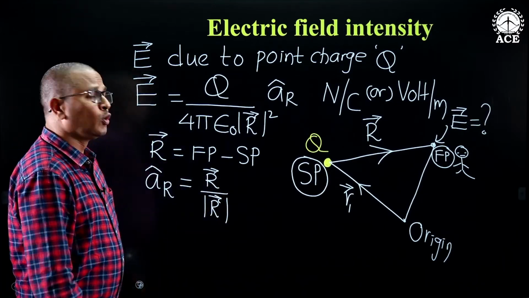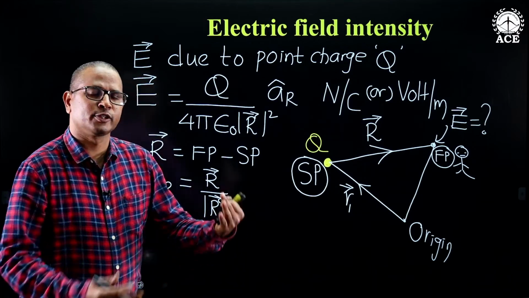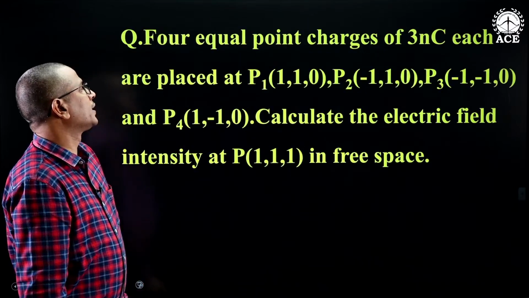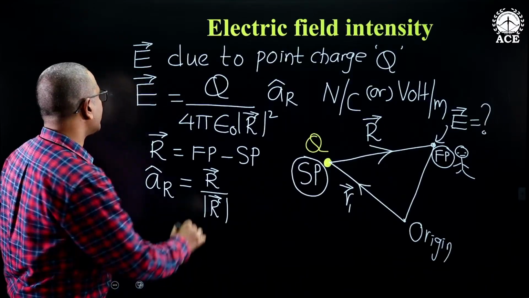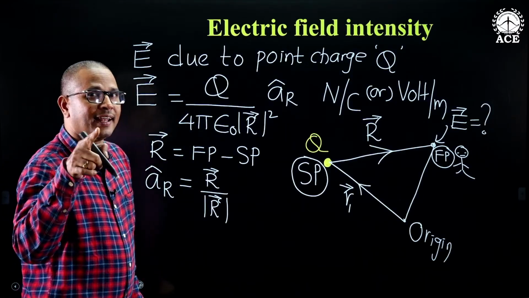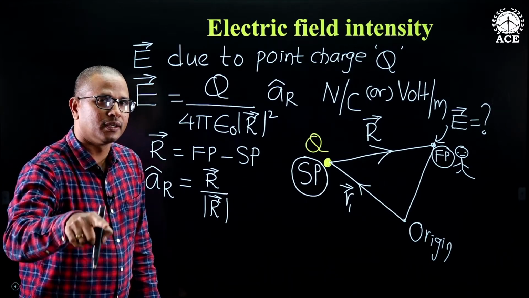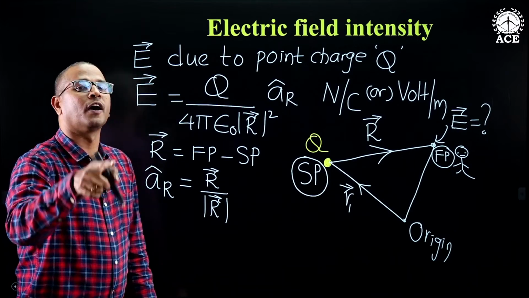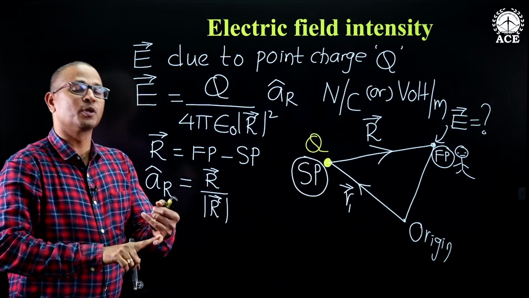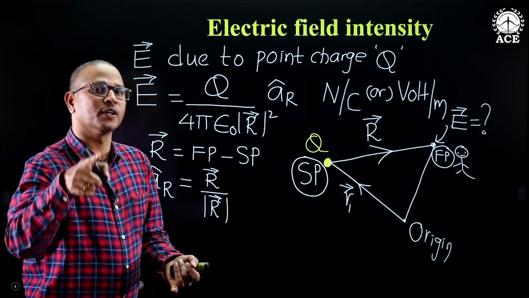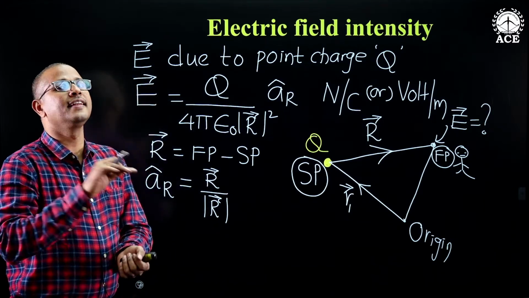But in general, you may have discretized charges Q1, Q2, Q3 and so on, Qn. If there are n objects, then how do you measure electric field intensity? As electric field is defined with the help of Coulomb's force equation, and Coulomb's force satisfies the linearity property, hence electric field intensity also satisfies linearity property.